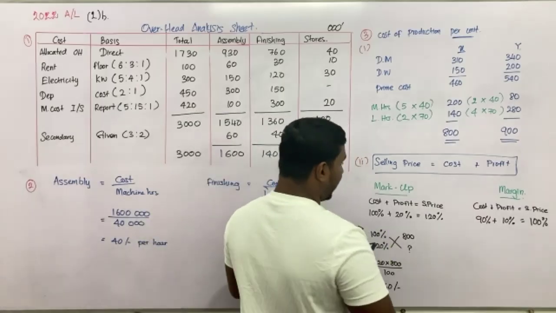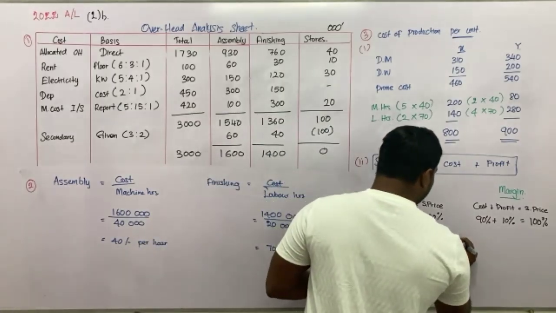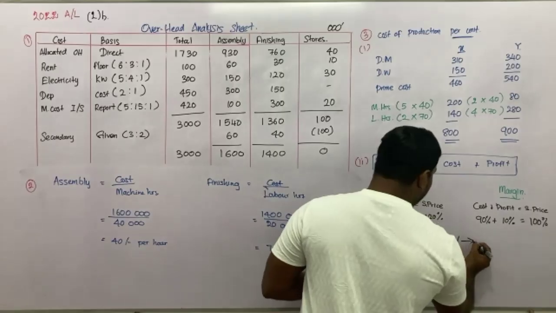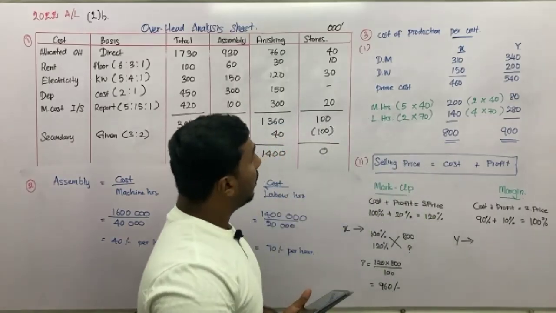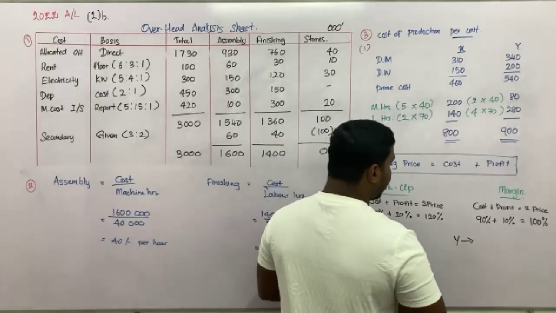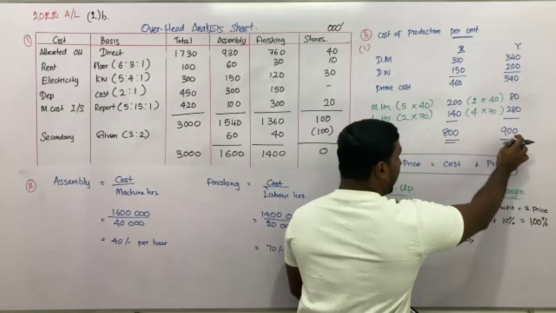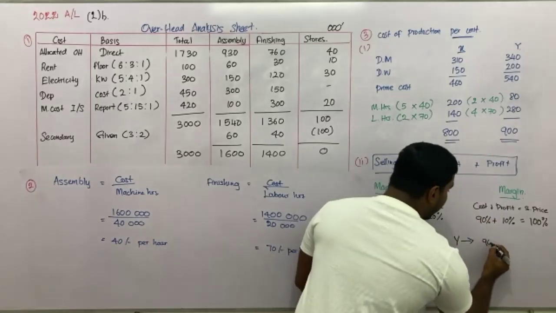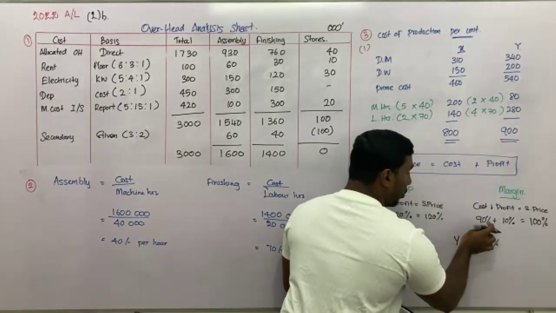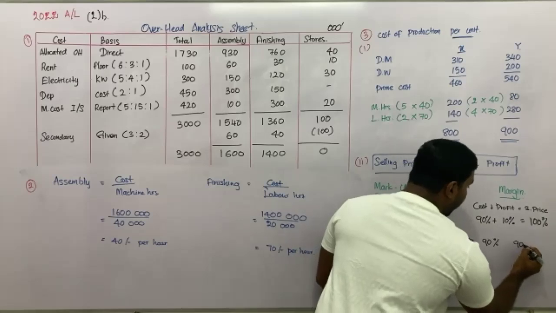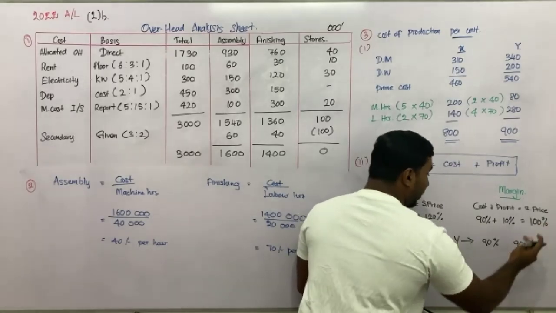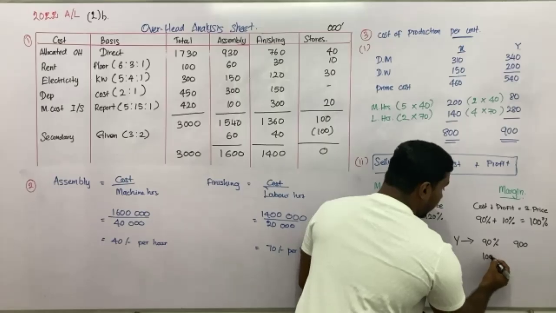Right. Now go to the product Y. Same theory. The cost is known. Cost is 900. So 90% is the cost here. We know the cost, which is 900. What we need is selling price. Selling price is 100%.